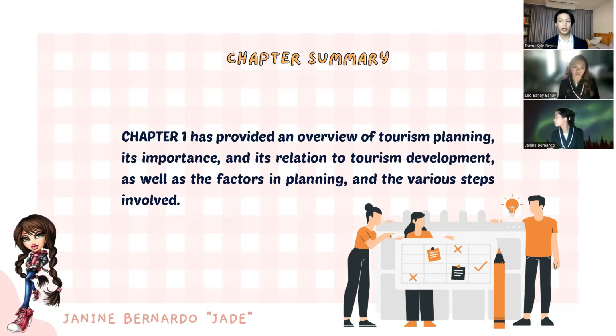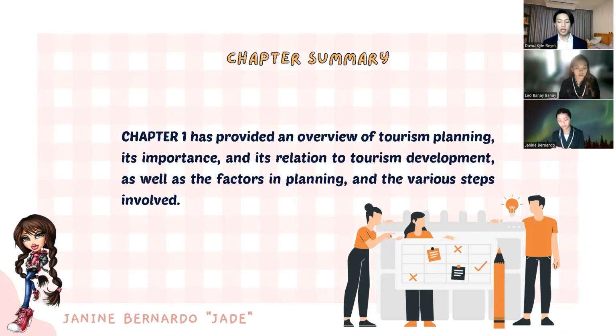Chapter summary, I will read it for Jade. Chapter 1 has provided an overview of tourism planning, its importance in relation to tourism development, as well as the factors in planning and the various steps involved. This chapter discusses many variables that need to be considered when formulating a tourism plan.